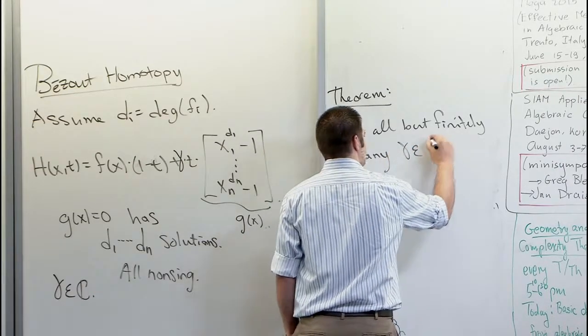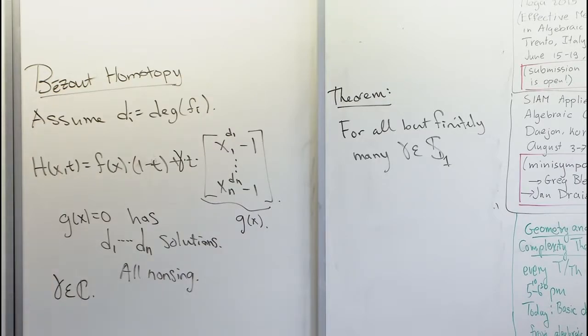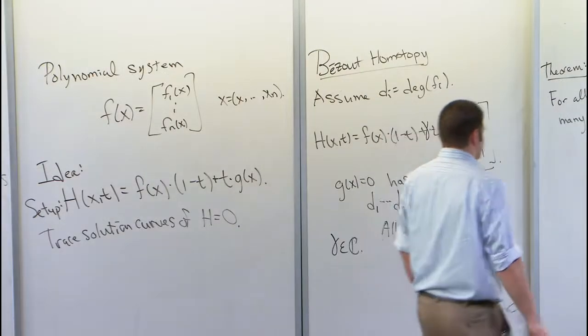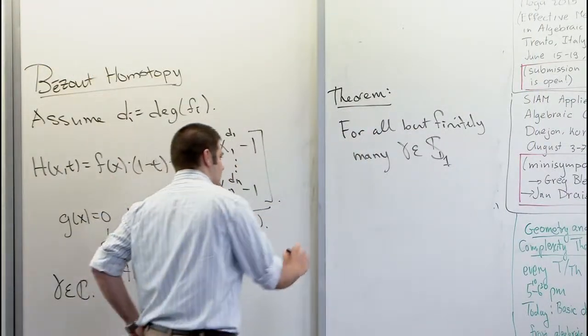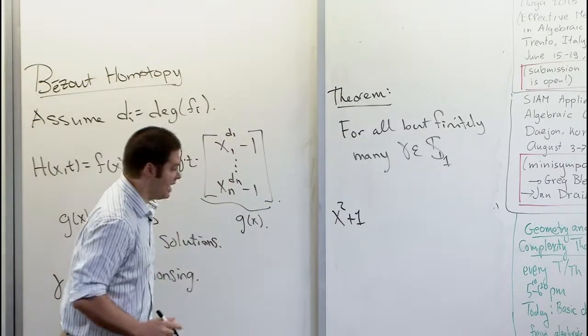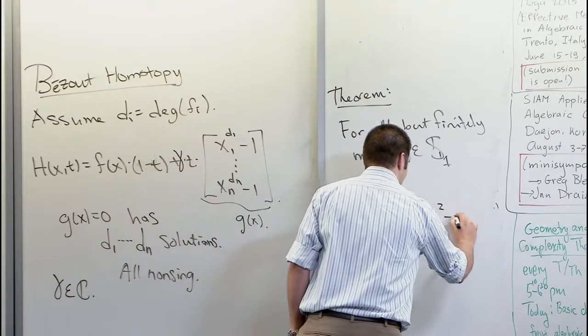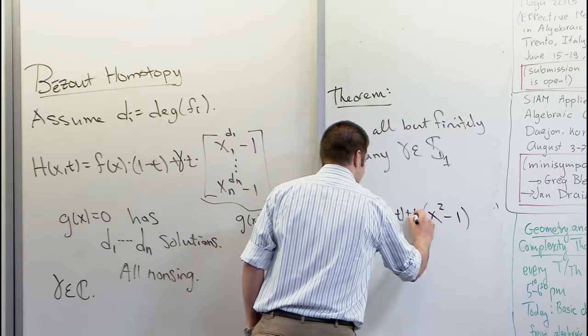Sorry, why do you need the gamma? So if we don't have the gamma there, think about f here having, let's say, x squared plus 1 is our f. And now we want to deform from x squared minus 1 times 1 minus t plus t times this.